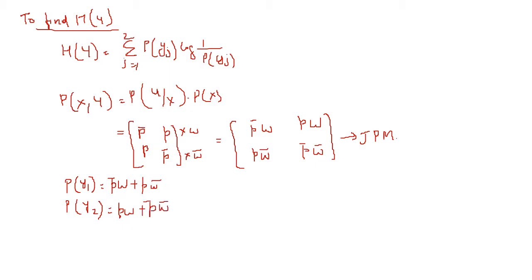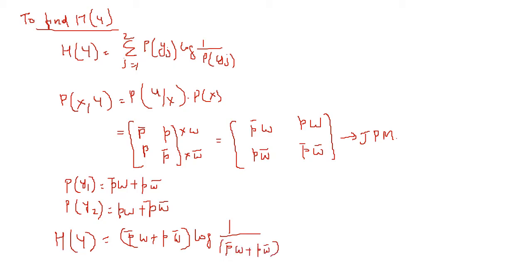Now, we know P of y1 and y2. Therefore, we can write H of y is equal to p bar W plus p W bar, this entire element, into log of 1 by p bar W plus p W bar, plus p W plus p bar W bar into log of 1 by p W plus p bar W bar.